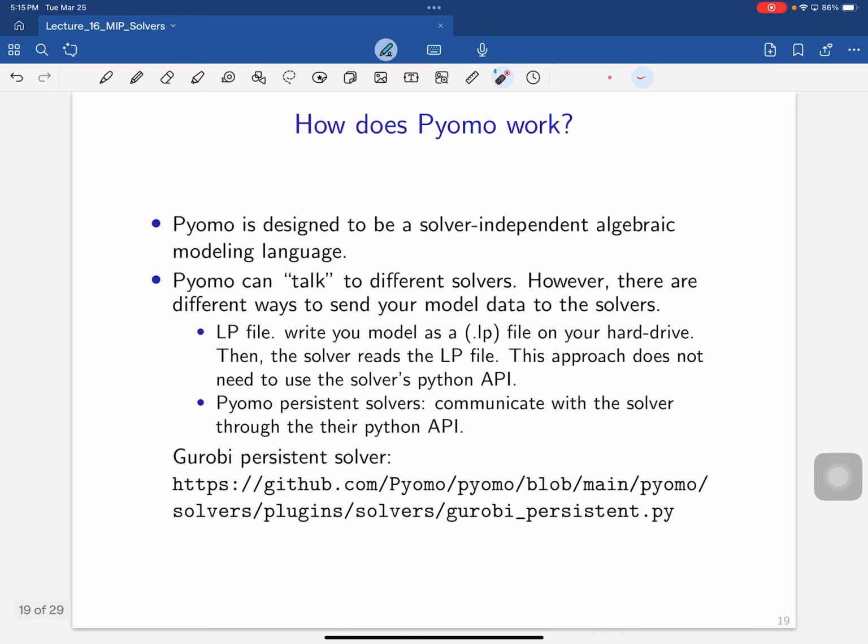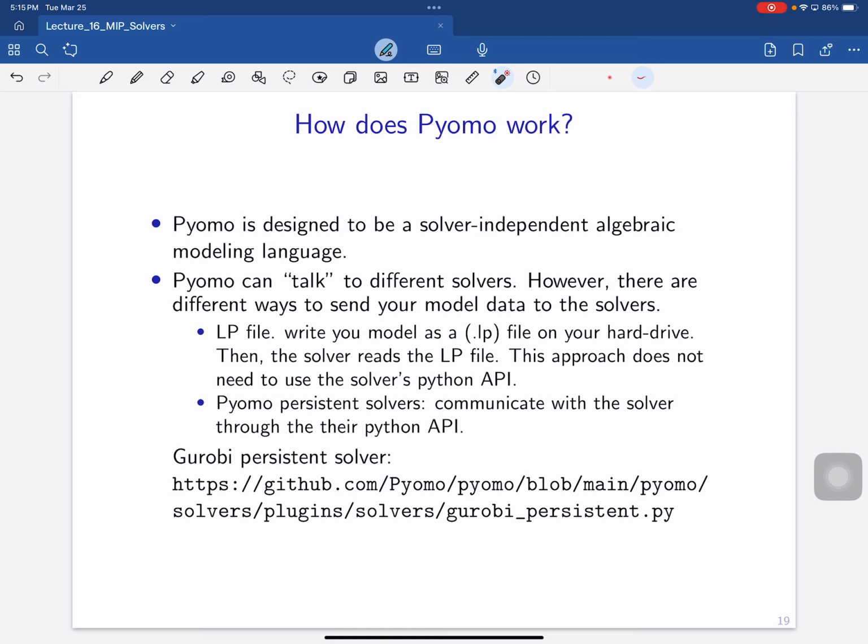Then I want to tell you a little bit about how Pyomo works. You have been using Pyomo for a while, but how does Pyomo talk to different solvers? As I said, all the source code of the solvers is written in C. At the end of the day, the solver has to receive the model in some way. There are a few different ways Pyomo can talk to the solvers.